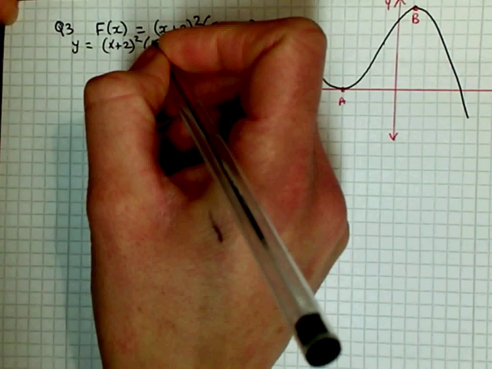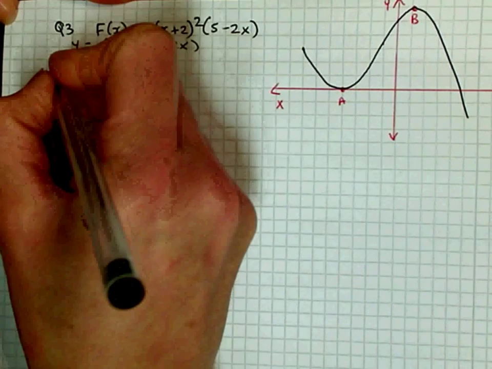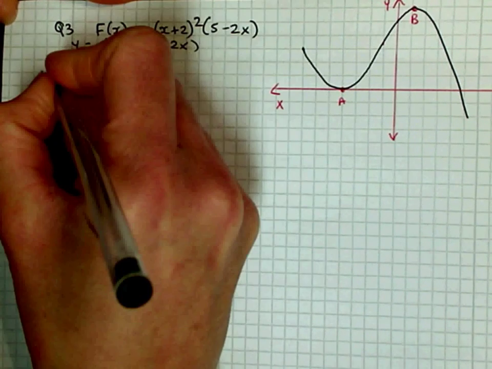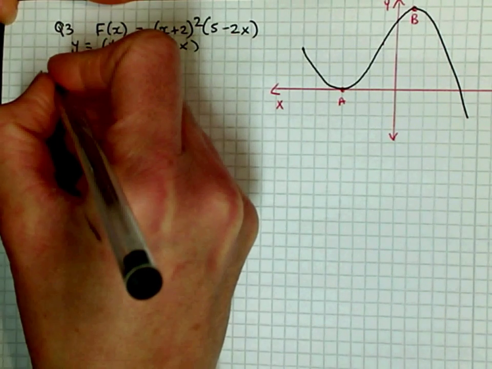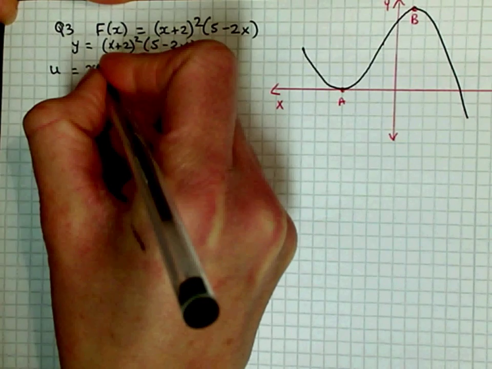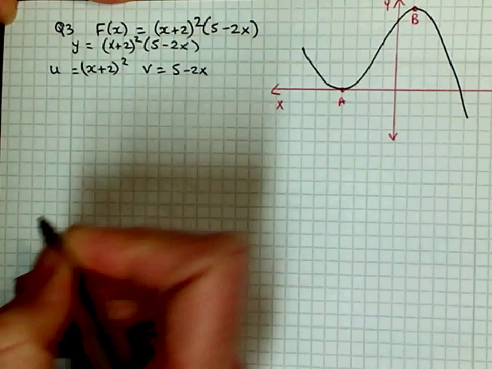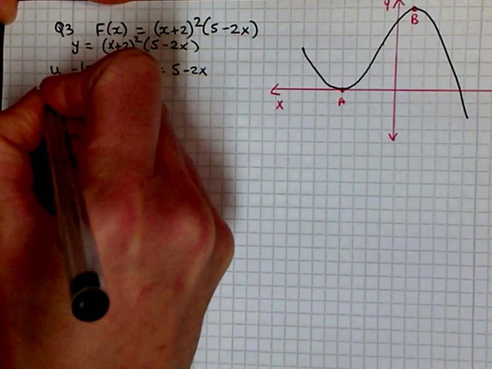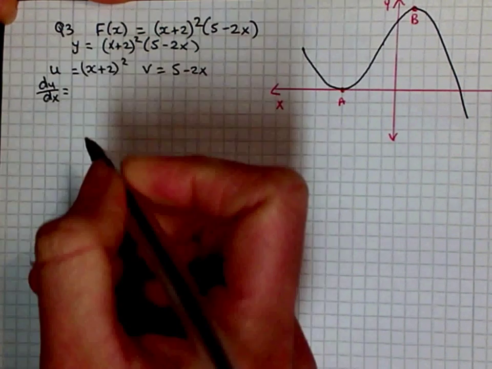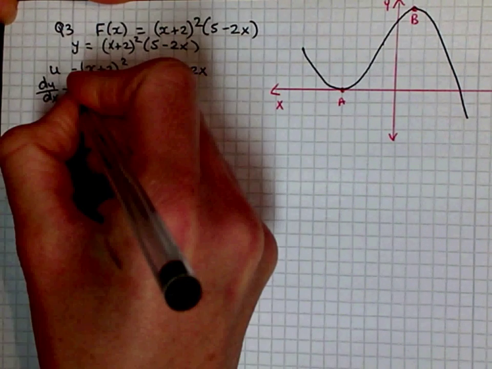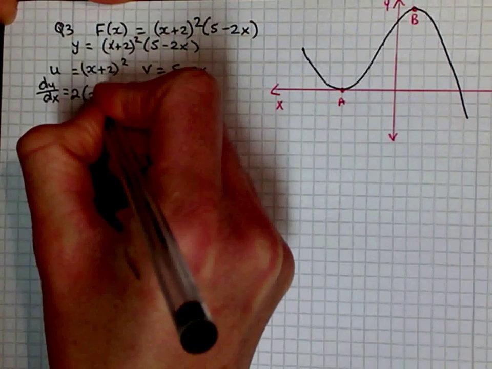Okay, so to differentiate this particular question, it's a u by a v, so it's the product rule. So u is equal to (x + 2) all squared, v is equal to 5 minus 2x. And so to differentiate du dx, we're going to use the chain rule, so we bring our 2 down in front and multiply it by x plus 2.